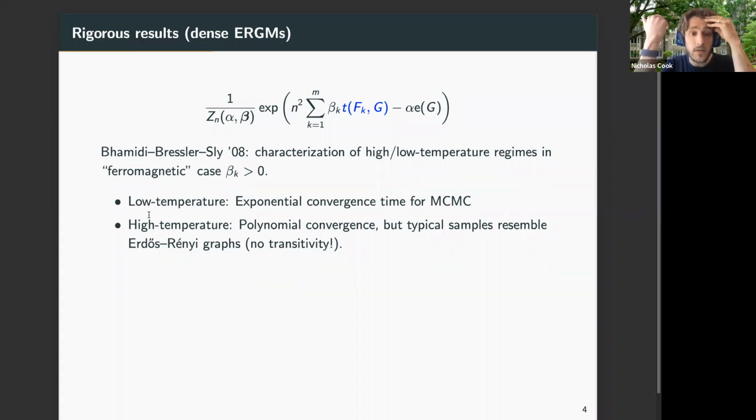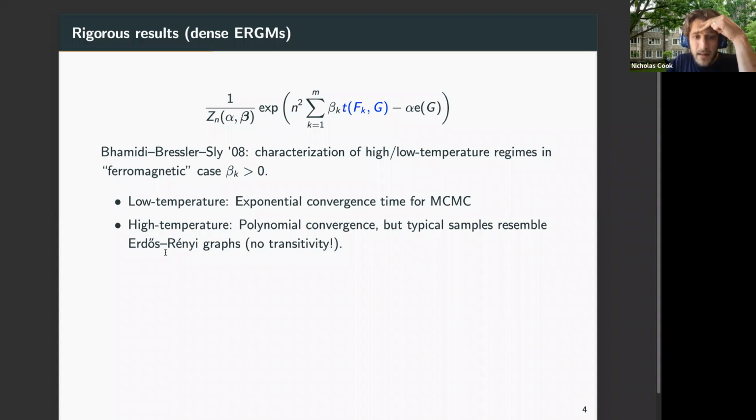There's a so-called low temperature phase and a high temperature phase. So if the parameters are taken from the low temperature region, then MCMC algorithms are going to take exponential in n time to converge. So you just won't see them converge in your lifetime for reasonably large graphs.